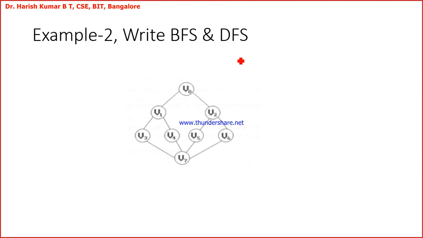So starting from V0, considering V0 as the start node, I visit V0. Let me do DFS first, depth first search. V0, this is visited already. Next its adjacent nodes are, so I am not writing any stack or visited list, I am doing it without that. But tell me.